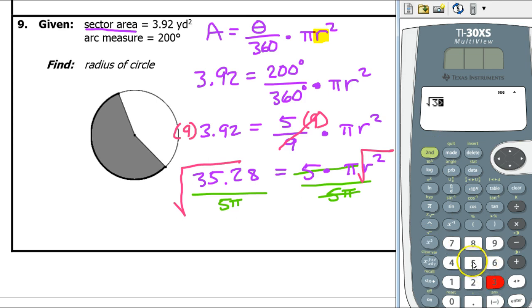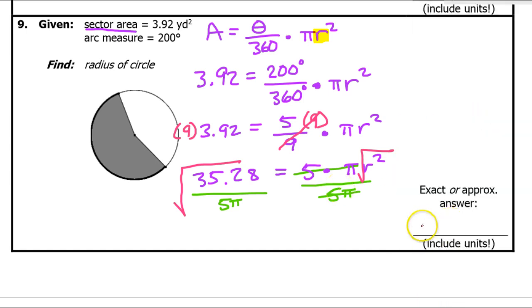So square root of 35.28 over 5 pi. Okay, so the radius is 1.50. 49 has to round up to 50. And the units are in yards, so 1.50 yards. That's the radius.